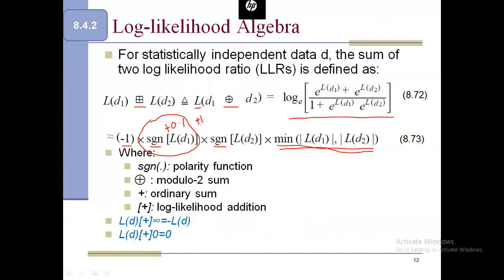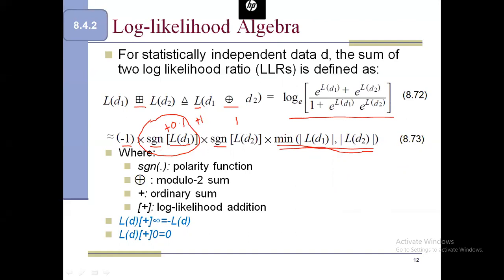So this is plus 1, minus 1 and nothing. If the value of this is 0, the answer will be 0. It's not possible that it will be exactly 0 in the practical case. If it is 0, all the terms will be 0.